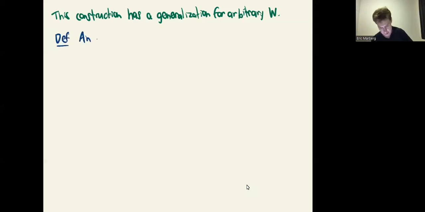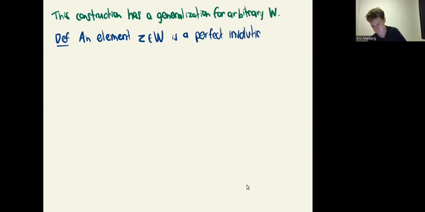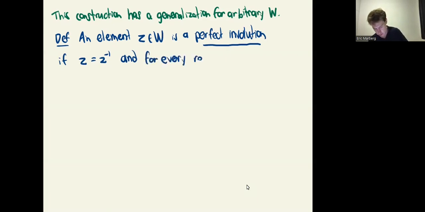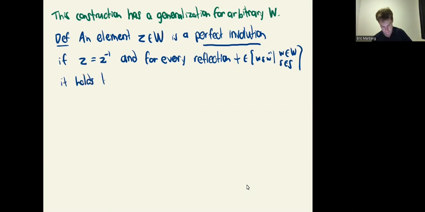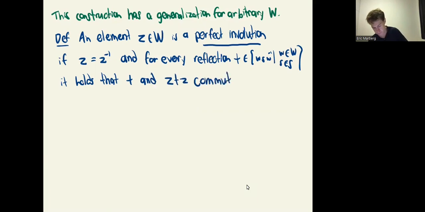We say that an element Z in W is a perfect involution if Z is equal to Z inverse, so it's an involution in the usual sense, and for every reflection T in the set of conjugates of simple reflections, it holds that T and ZTZ commute.